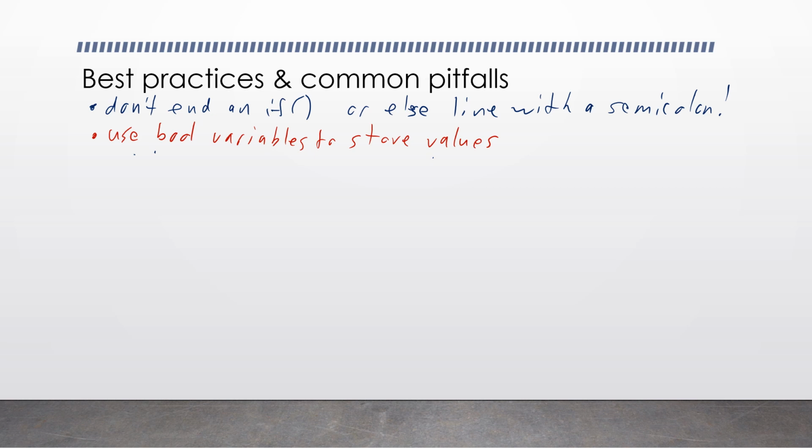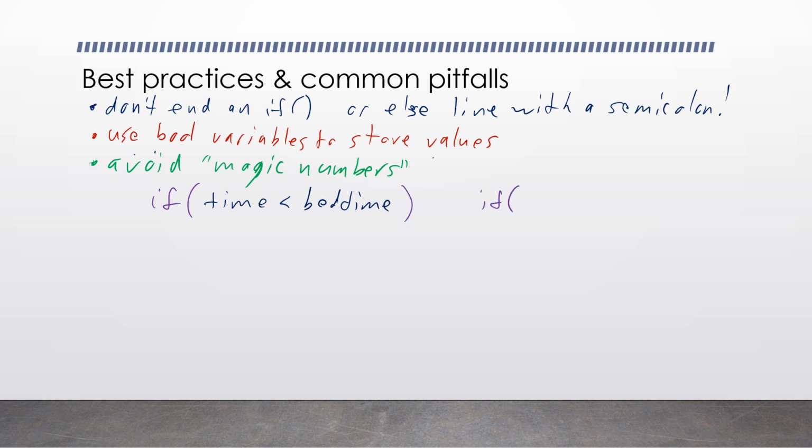As we've said in the past, avoid magic numbers. It's better to say if time less than bedtime than to say if time less than 2100 hours in military time.